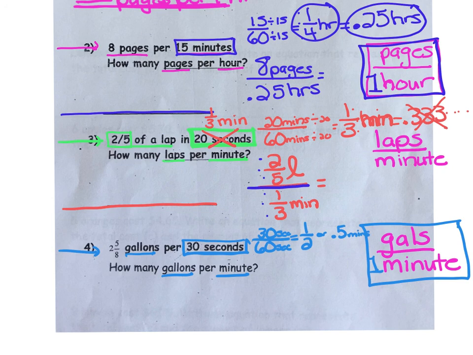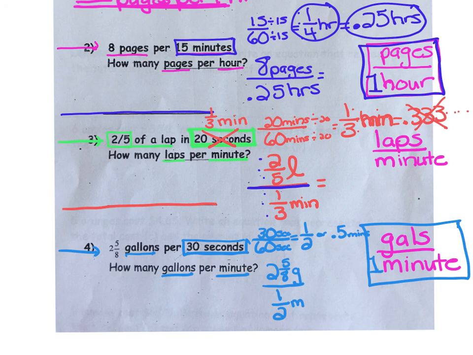We can use either value. Let's take a look at how we can set up this ratio. 2 5/8 gallons per, and you could divide by half a minute.